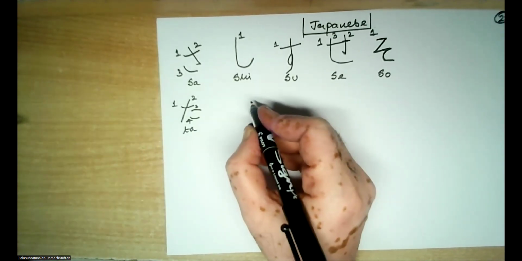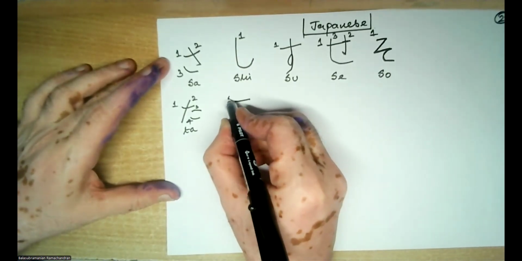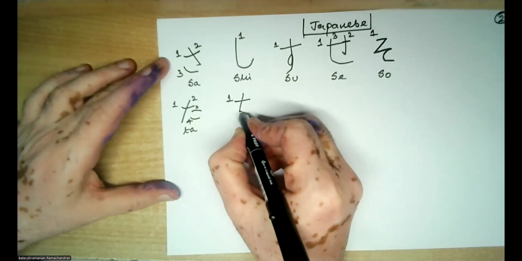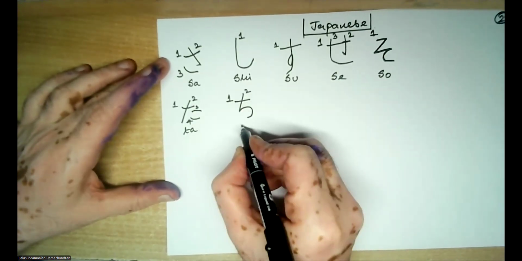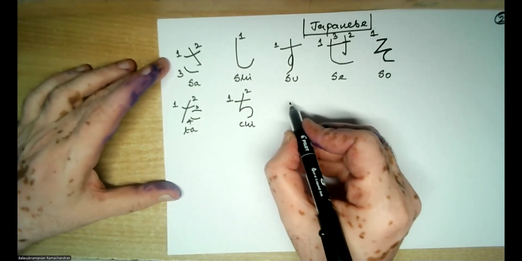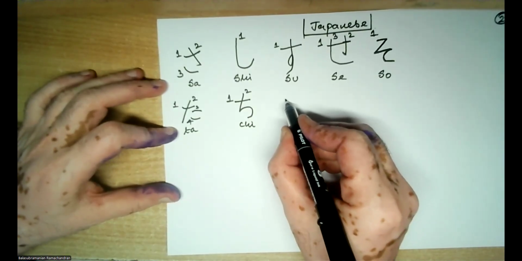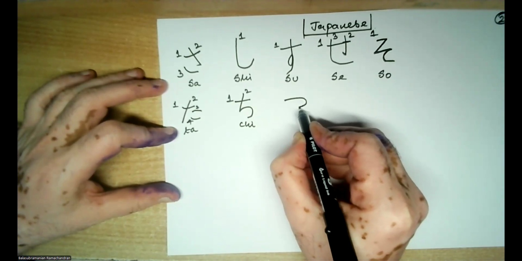And then we have chi, stroke 1 and stroke 2. Chi. Let's come to tsu, the third letter in the ta series. Tsu is a pretty straightforward and easy letter. Single stroke.